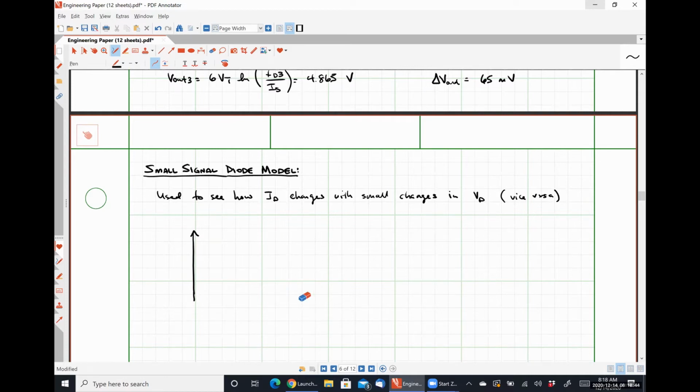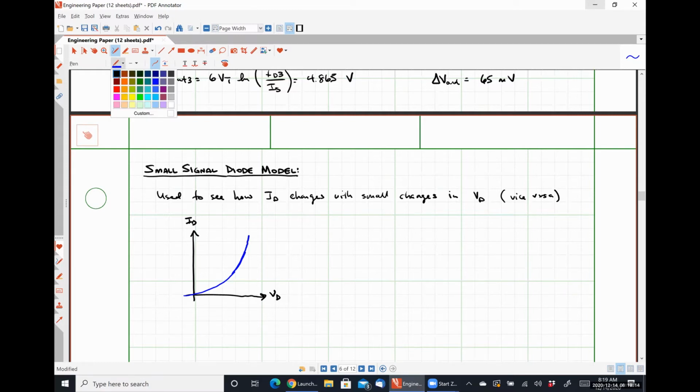All right, so here is our diode current. Here is our diode voltage axis. And here is our diode current as a function of diode voltage, our exponential model. Nothing wild or crazy there.